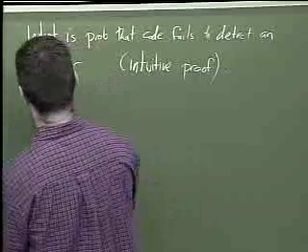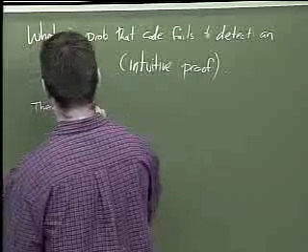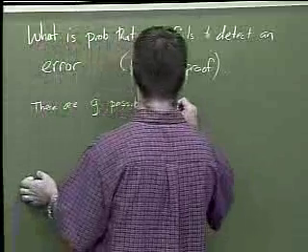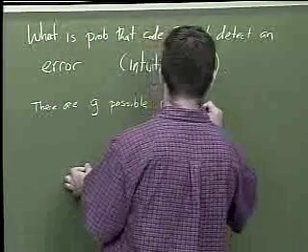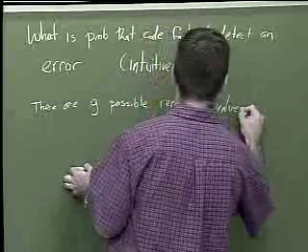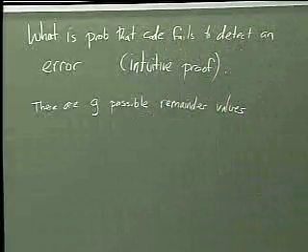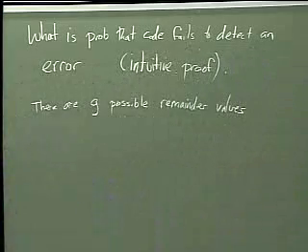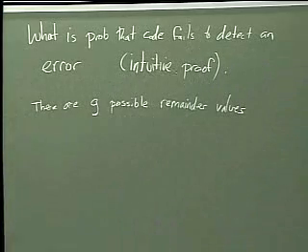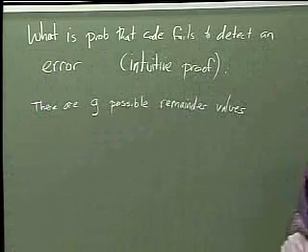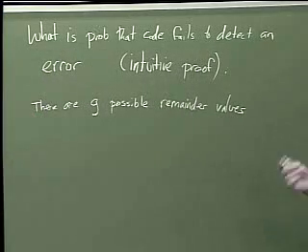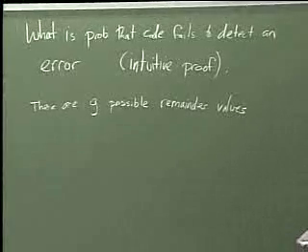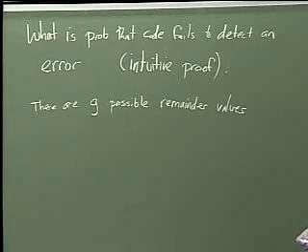Okay, so there are G possible remainder values. So if you imagine you flip bits at random, you're going to wind up with a random remainder when you do the computation. Right?